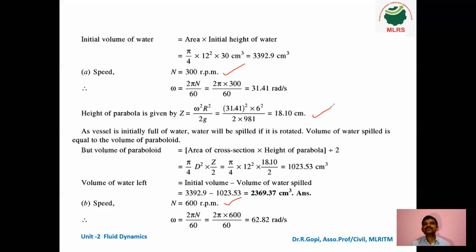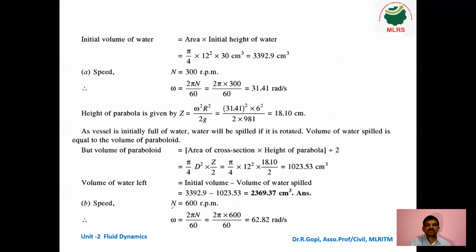If I increase the speed, what happens? Automatically, the depth of parabola also increases. Initially this is for 300 RPM; for 600 RPM, it's like this. So the depth of parabola will increase. Let us see how much it increases.